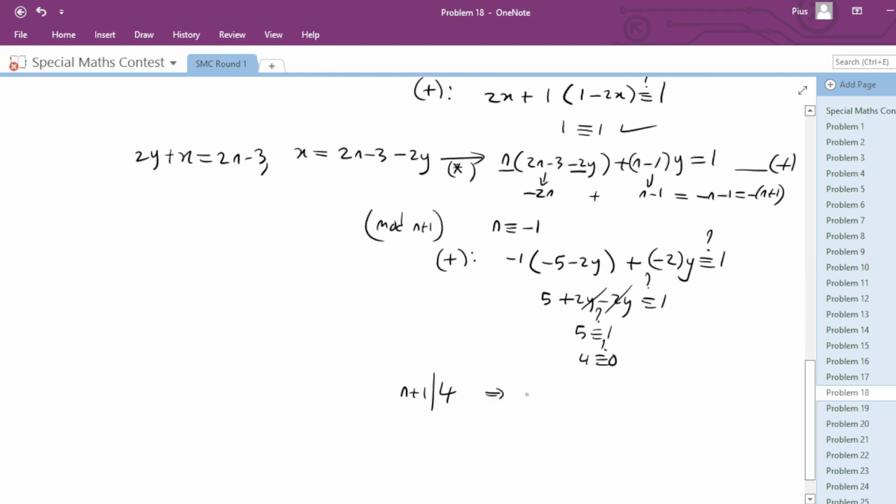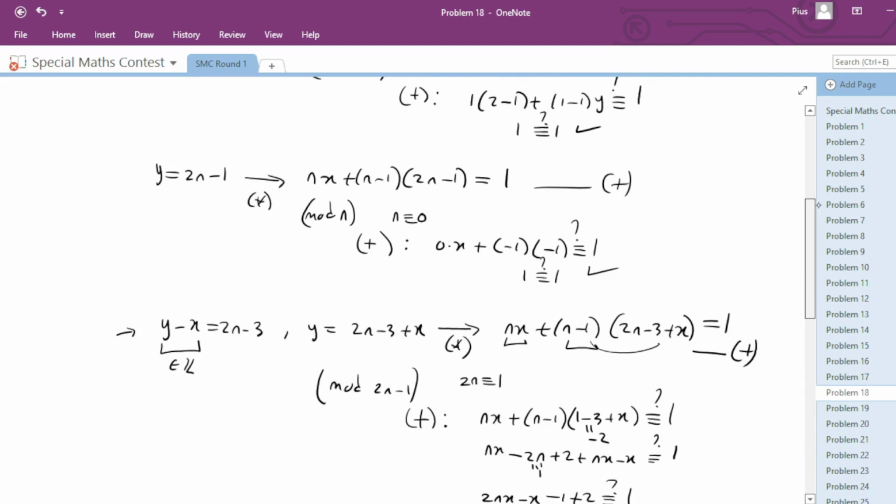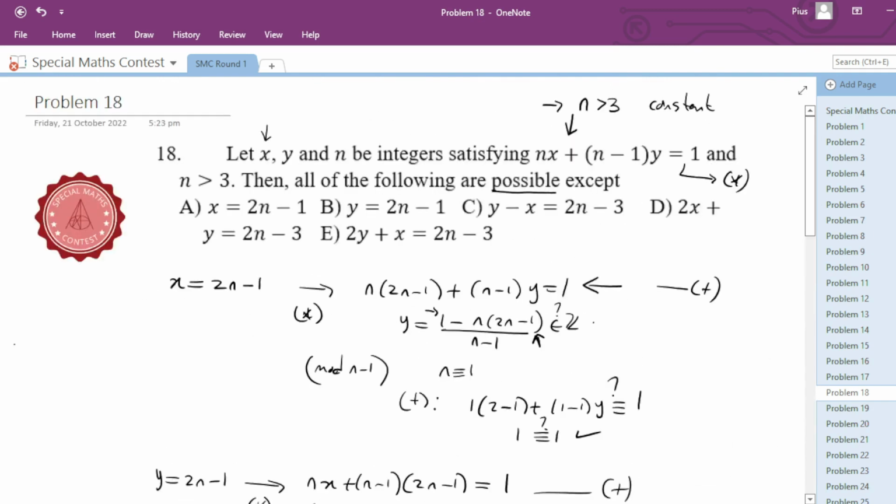So this means n plus 1 is going to be a divisor of 4, but then n plus 1 is greater than 3 plus 1, which is 4. So there's no factor of 4 that's greater than 4, and that's where the inequality actually comes in handy. So it's not possible for every value of n. And that brings us to the correct option, which should be option E.